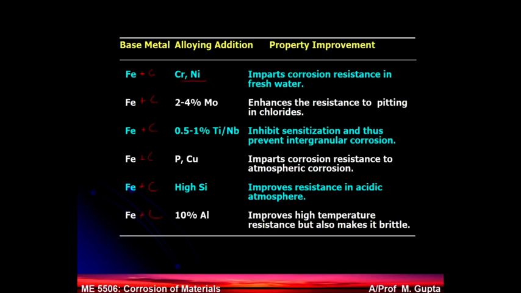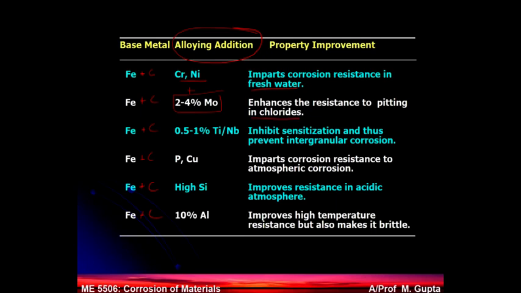And if you add chromium and nickel to that as an alloying addition, then you have a steel which can do very well in the fresh water, lakes, ponds, the freshwater bodies. If you add molybdenum, so chromium nickel, just add molybdenum also in that, then you have the steels which are best suited for marine condition if you have no choice.